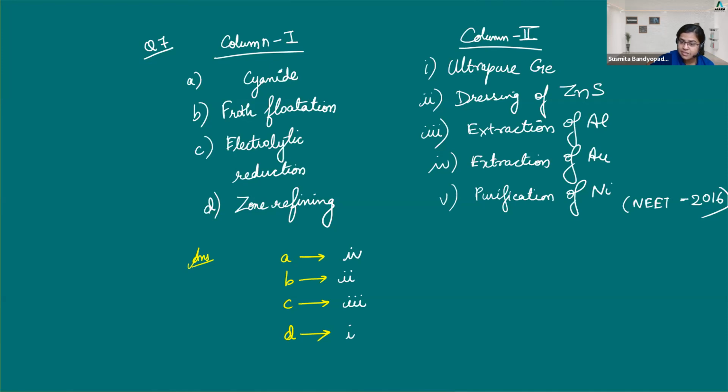That's the reason the extra was given, to confuse you. Nickel is purified by Mond's process, when nickel is converted into volatile nickel tetracarbonyl, which when strongly heated gives you pure nickel.